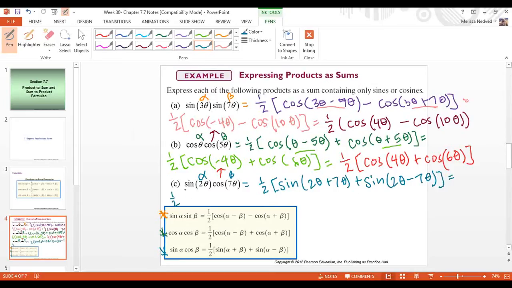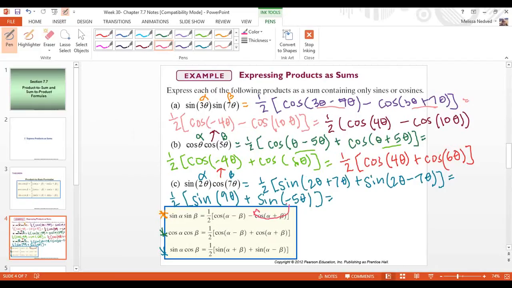Continue simplifying. 1/2, simplify what's inside your angles. 2 theta plus 7 theta is 9 theta, plus sine of 2 theta minus 7 theta is negative 5 theta. And my last step, we know we can't leave an angle negative, and we haven't worked with a sine yet in this lesson, but sine is an odd function, meaning if we put a negative angle in sine, we don't just get rid of it like we do with cosine, we make that whole term negative.